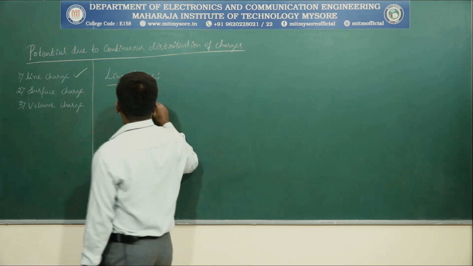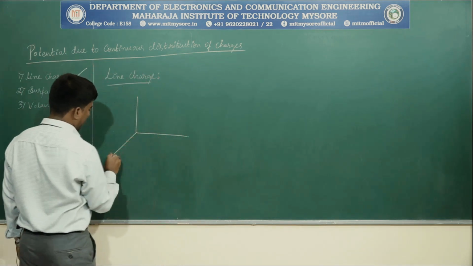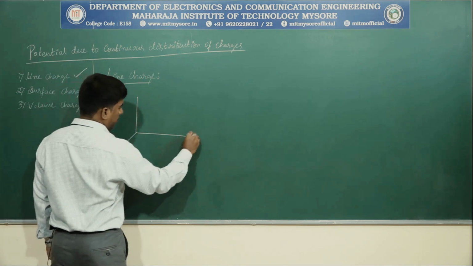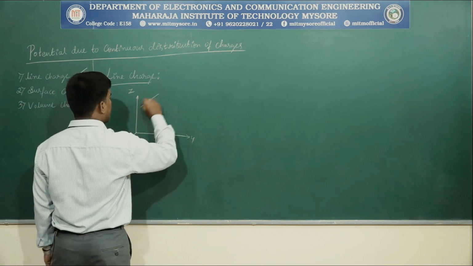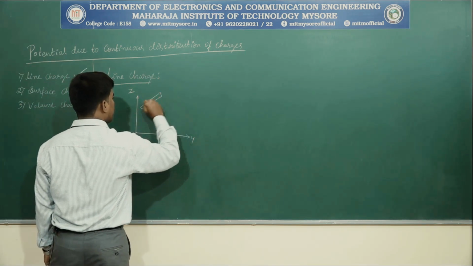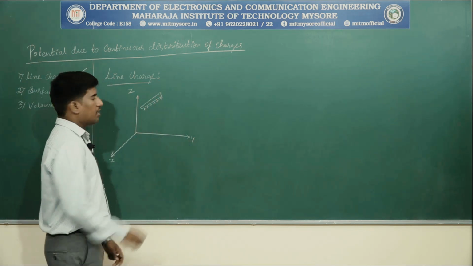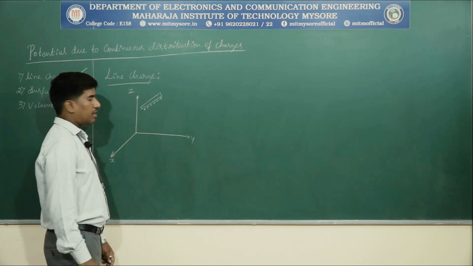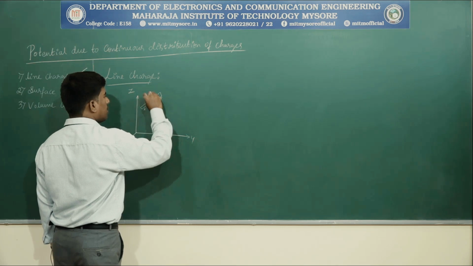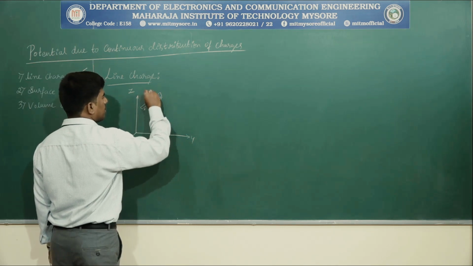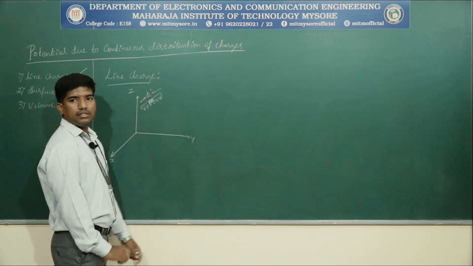So when we consider a line charge distribution in a three coordinate system, x, y and z, consider a positive line charge distribution in the xyz plane. Consider the elementary distance dl dash.